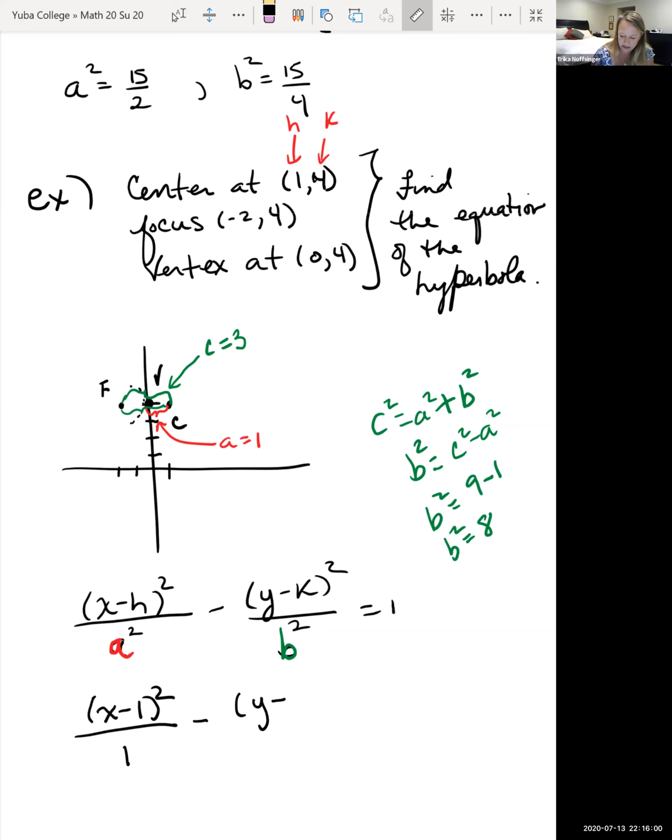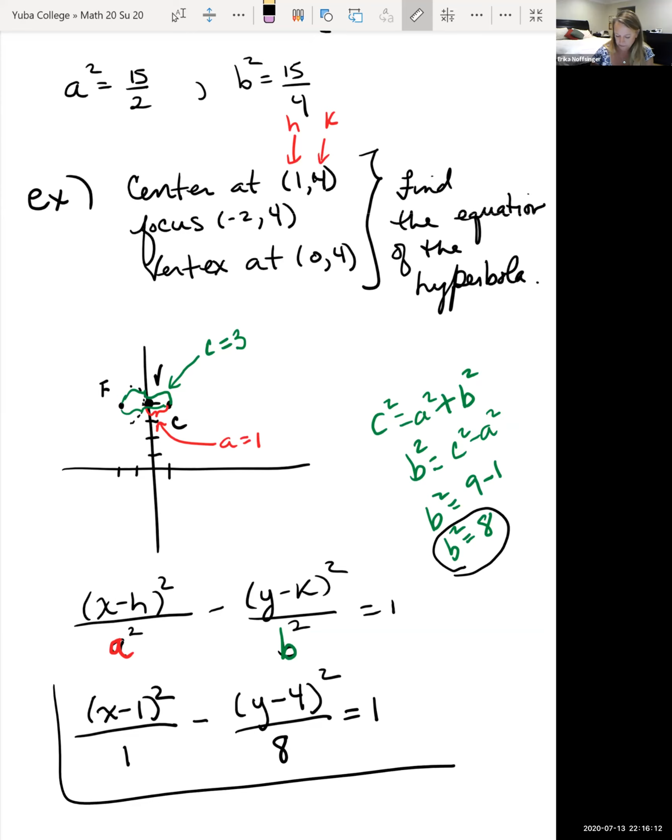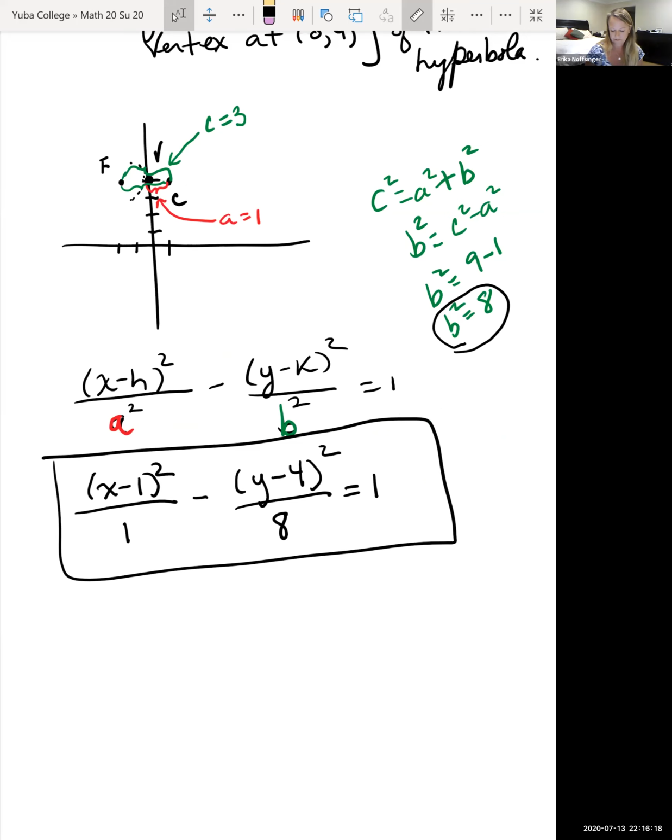Well, your k value is 4, so y minus 4, quantity squared all over b squared. B squared is 8, so all over 8 equals 1. You could rewrite that without the 1 in the denominator there, but you don't have to.